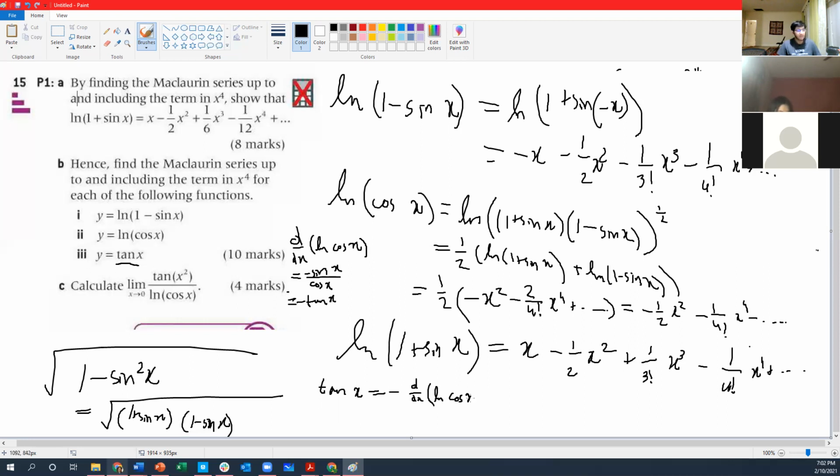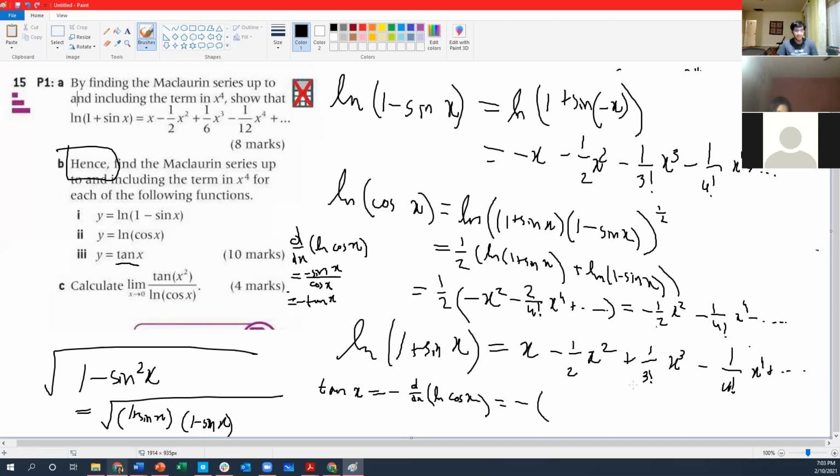And guess what? We already found ln cos x, so we can just use it. Once again, if you see that word hence, you're probably going to have to use things from previous parts of the problem. So that's equal to minus d dx of ln cos x, which is minus the derivative of whatever's inside here.